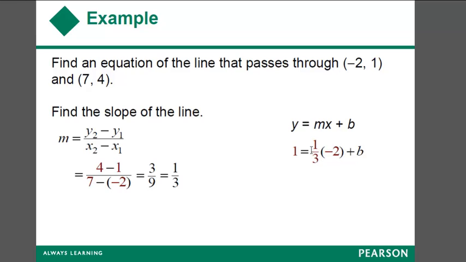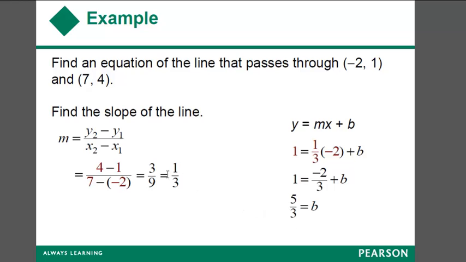I'll simplify by multiplying my 1/3 times my -2. And then I have to add 2/3 plus 1. If you need to, go back to your adding of fractions. This actually becomes 3/3 plus 2/3. That gives me 5/3. So my b is 5/3.